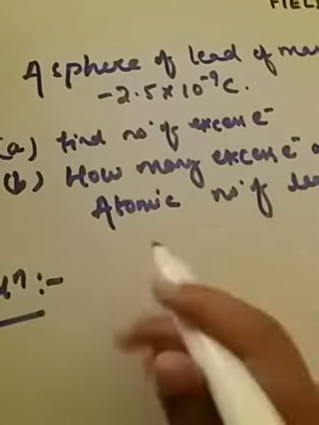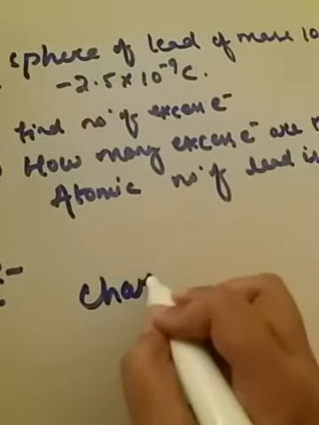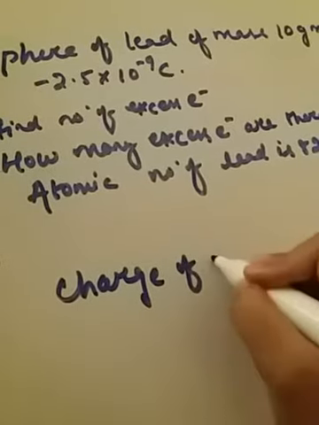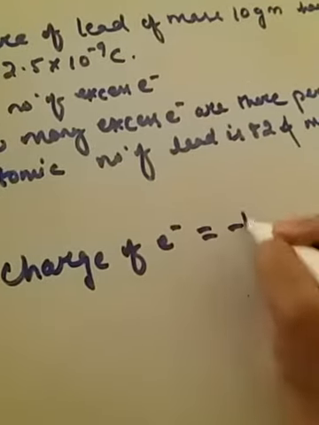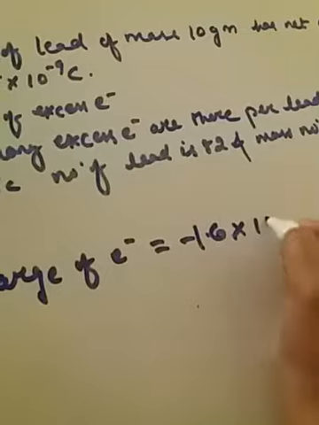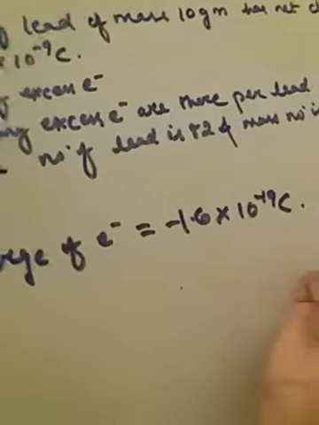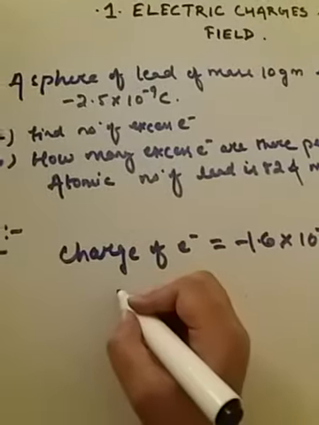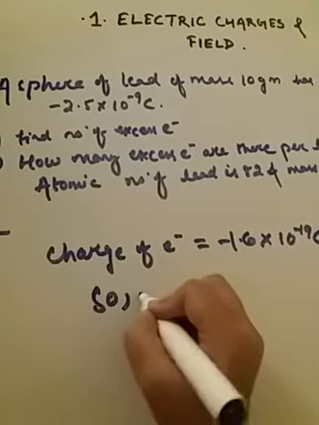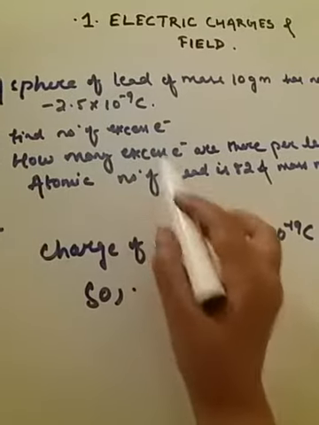So here it's given, charge of electron, how much? Minus 1.6 into 10 to the power minus 19 coulomb. Basic thing, you know it. Our question is, find the number of excess electrons.